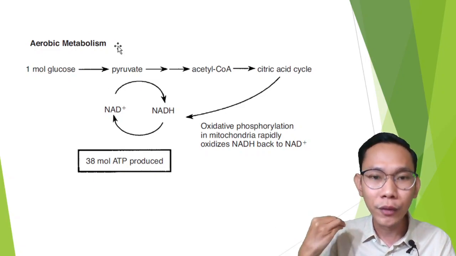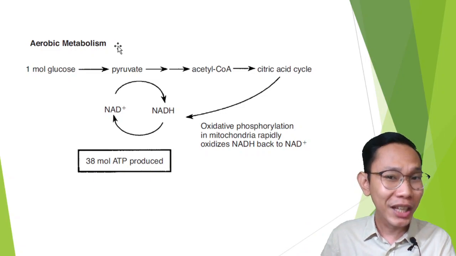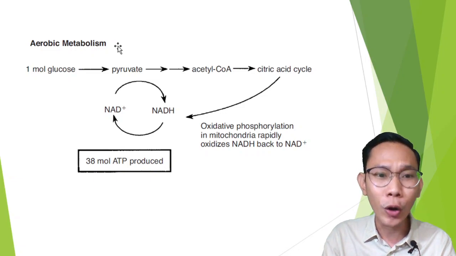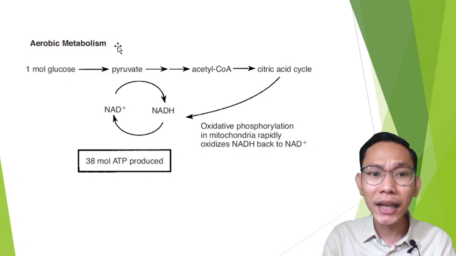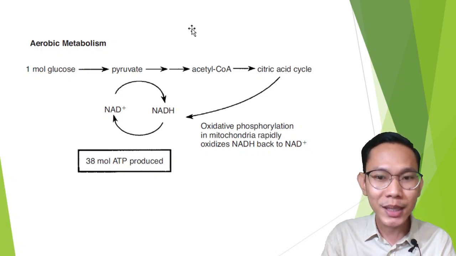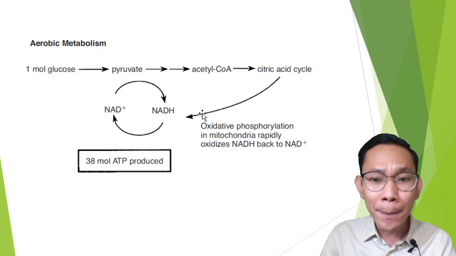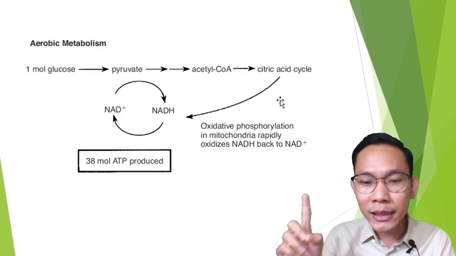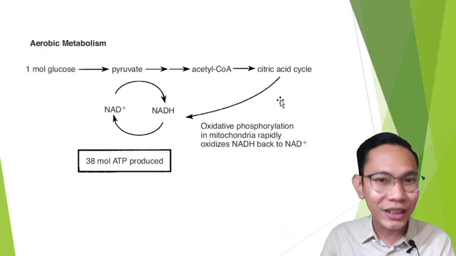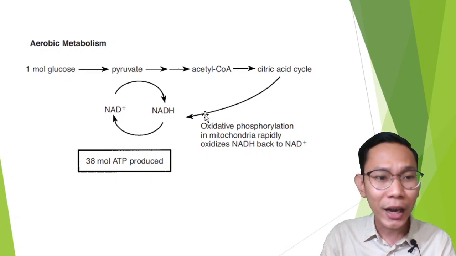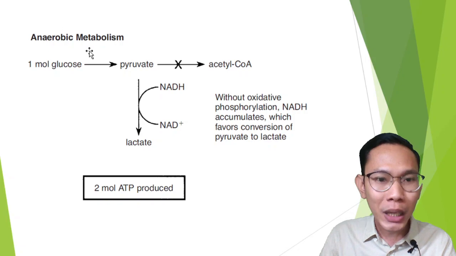Pero paano if mababa ang levels ng ating oxygen? Of course, pag mababa ang level ng ating oxygen, anong metabolism ang mangyayari? Of course, it's your anaerobic metabolism kasi nga wala tayong oxygen. Remember, one factor for the process to undergo oxidative phosphorylation, anong kailangan? Oxygen. Pag walang oxygen, nagkakaroon tayo ng anaerobic metabolism.